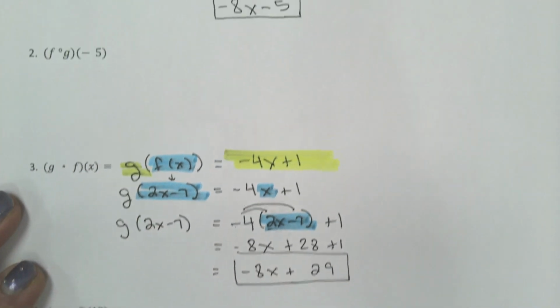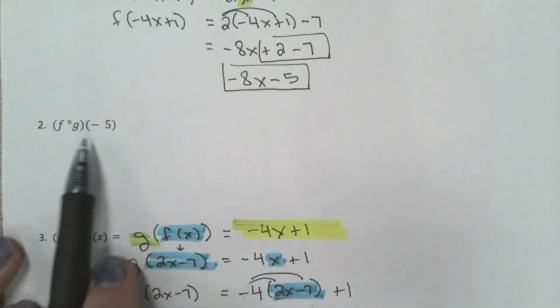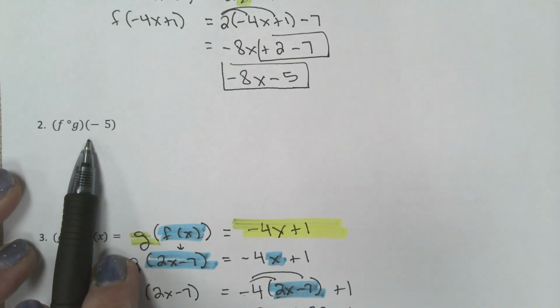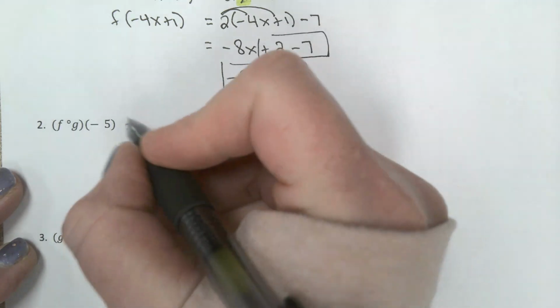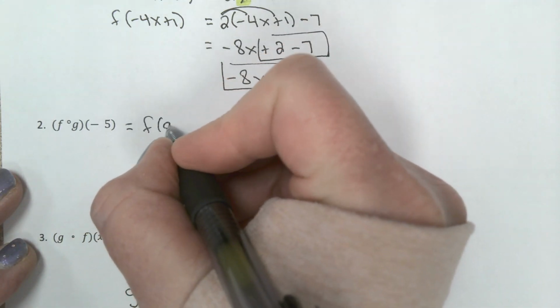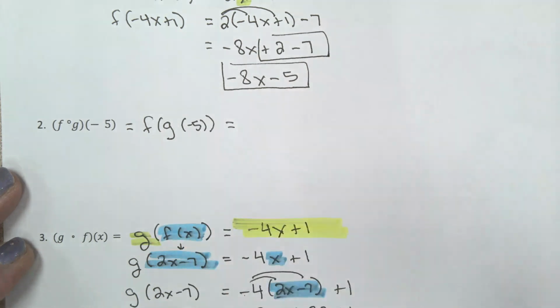All right. So I take a different approach when I have a number here. When I have a number, I'm going to rewrite this as f of g of negative 5.